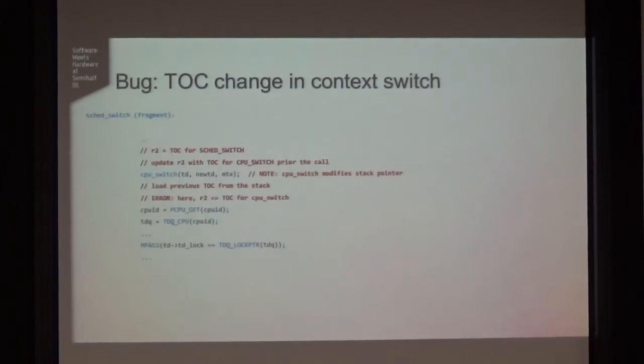Once we added the PowerNV support and the binary became larger, these two functions were too far away, and the linker had to use two TOC tables. So this is why we saw the issue during the context switch.